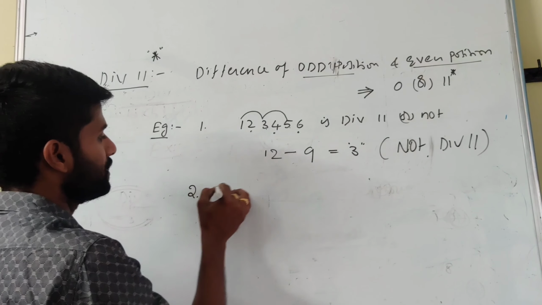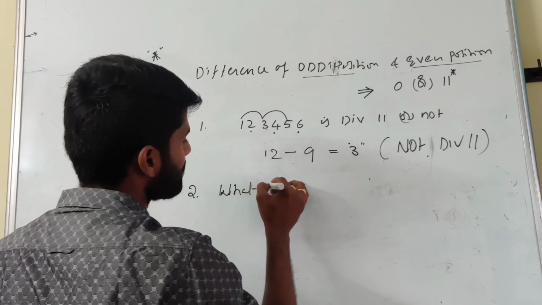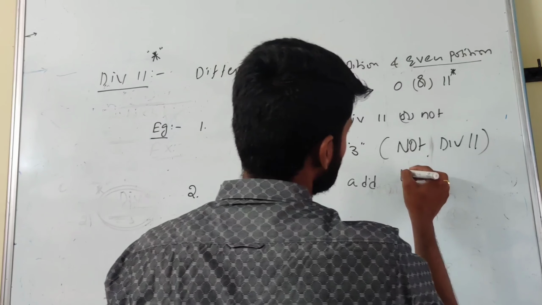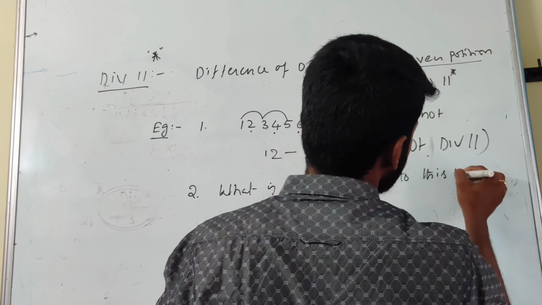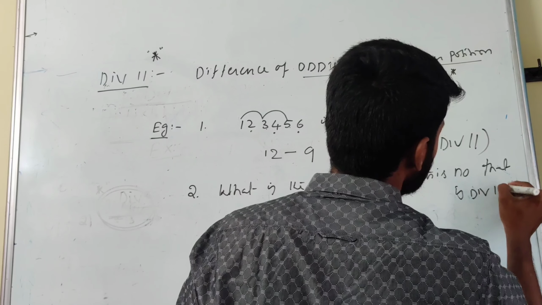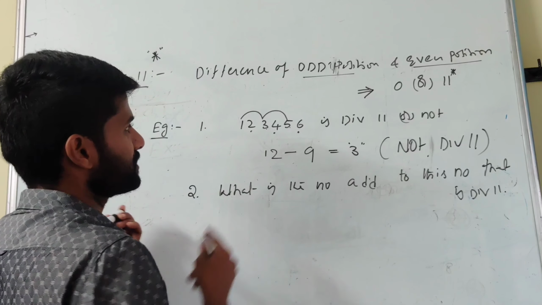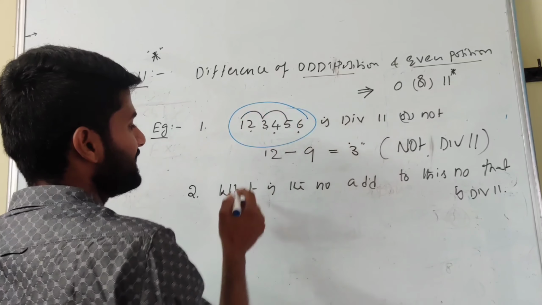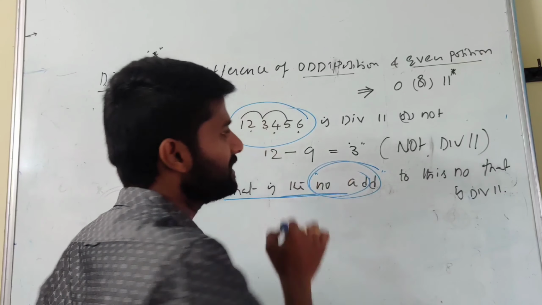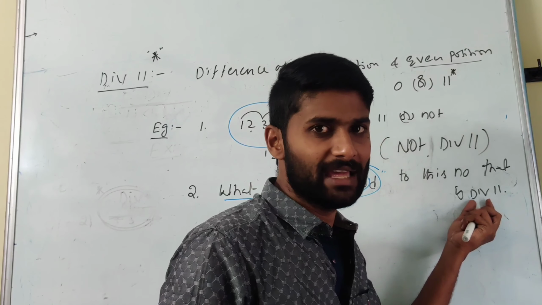Second, question number 2. What is the number added to this number so that it is divisible by 11? For example, continuation of this question. They gave the same question. He said, what is the number we need to add so that the number is always divisible by 11?